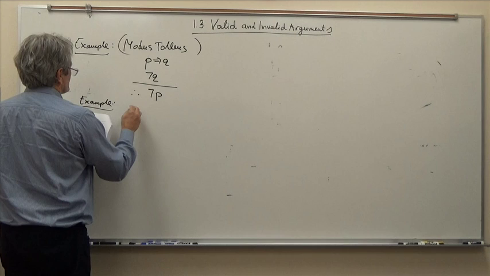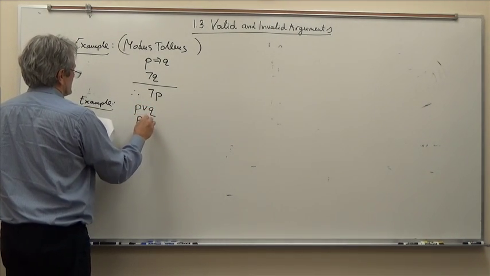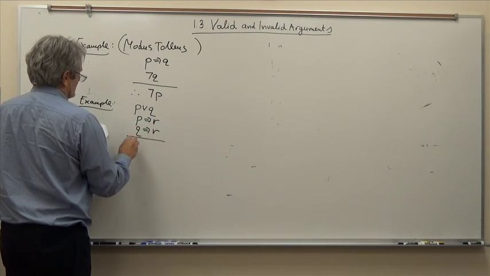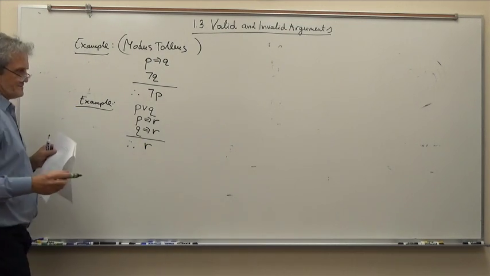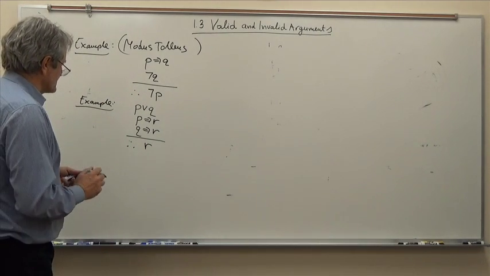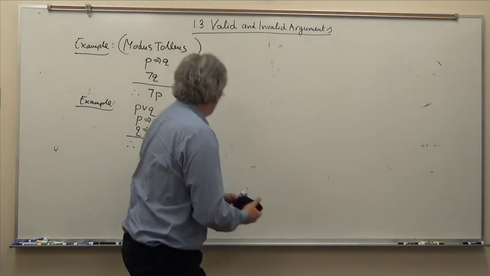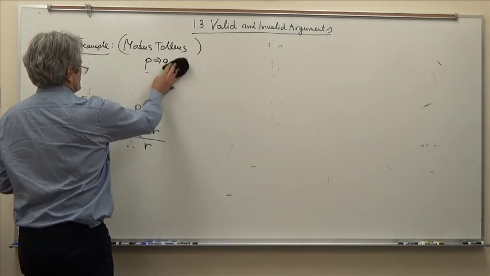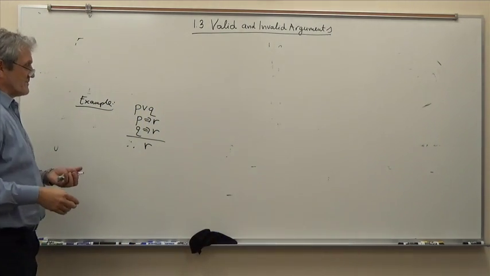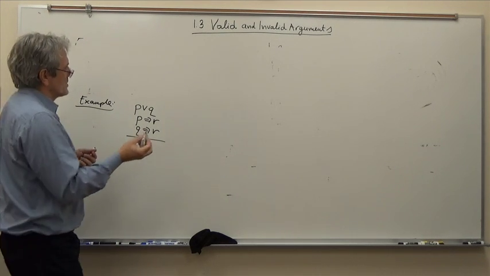The rule says P or Q, P implies R, Q implies R, then R. Let's first see if this is a correct inference rule. Let me erase the other one. So first let's check if it's a valid inference and then discuss its importance.